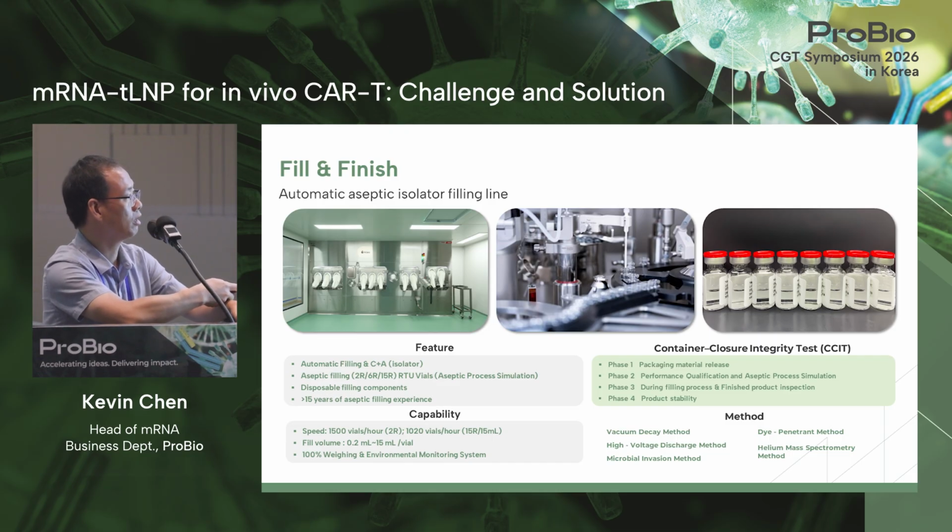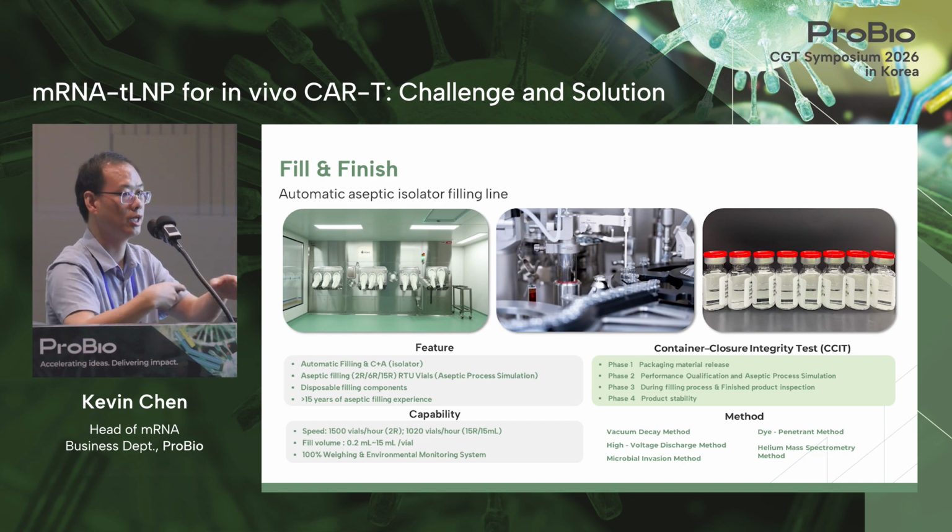And all these are disposable filling components. The speed can be up to 1,500 vials per hour for 2R, and then 1,020 vials per hour for the 15R. And the filling volume is 0.2 milliliter to 15 milliliter, depending on the project's requirement.